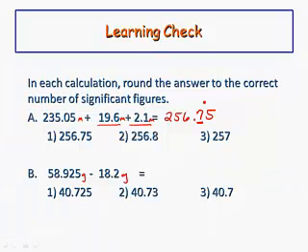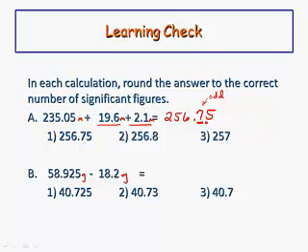When you're rounding numbers, typically if it's above 5, we're going to round up. Below 5, we're going to keep it the same. However, when you have a 5 there, there's a little extra thing you have to keep in mind. The general rule is that if the number you're rounding is odd, as in the case of this 7, and the number to the right of it is a 5, you're going to round it up.